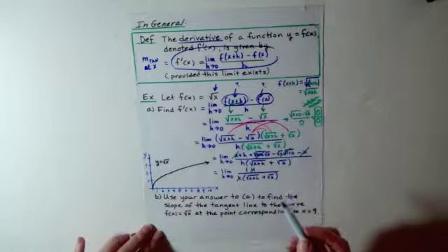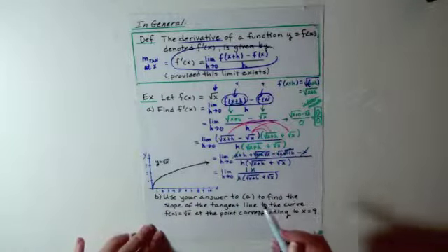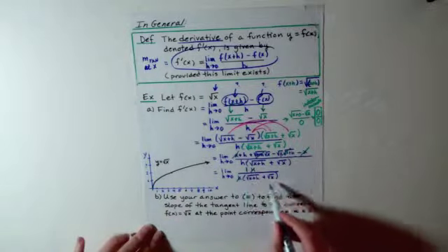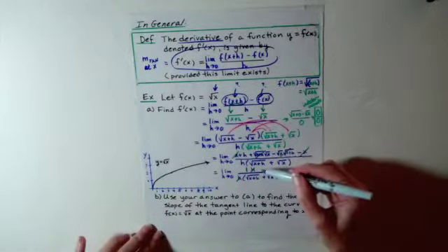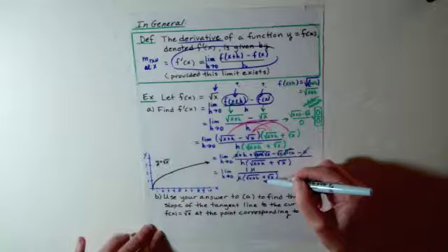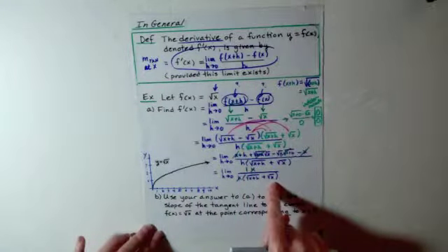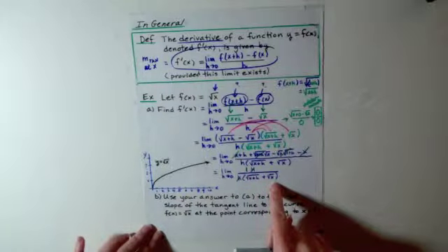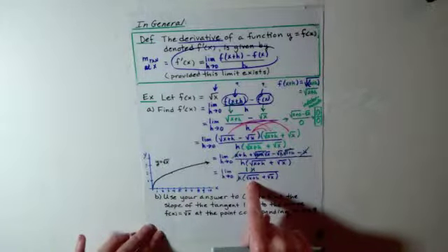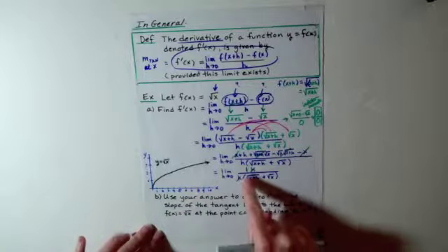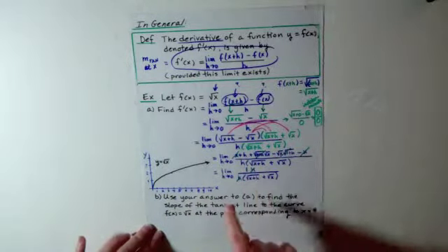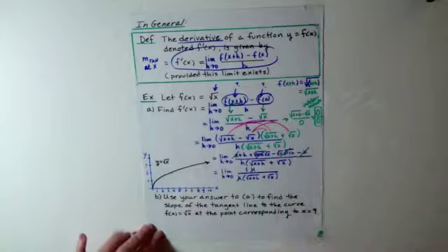Technically, you should use the theorem that says the limit of f over g is the limit of the top over the limit of the bottom. And then you should split up the bottom as the limit of a sum, which is the sum of the individual limits. And we would be using the root limit law that says the limit of a square root of something is the same as the square root of the limit.